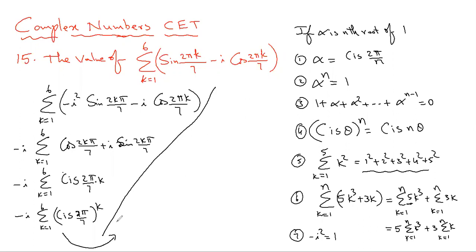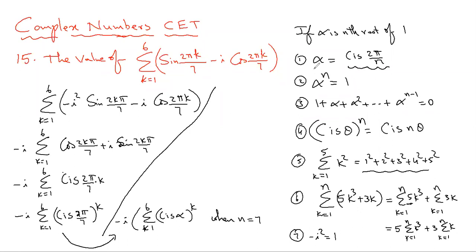The next step I'll write here: minus I into, let me call this alpha, the summation of k equal to 1 to 6 of cis alpha, the whole power k, where n equals 7.